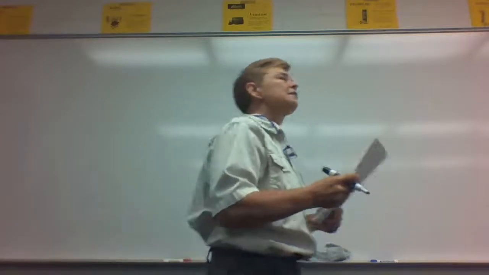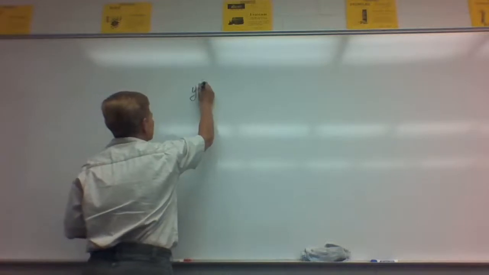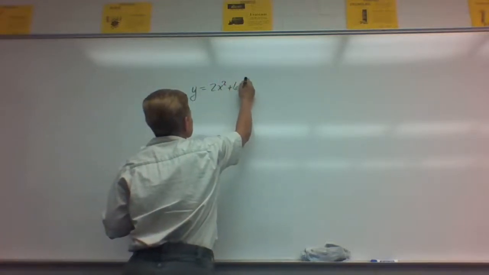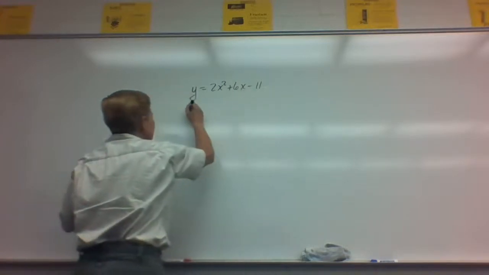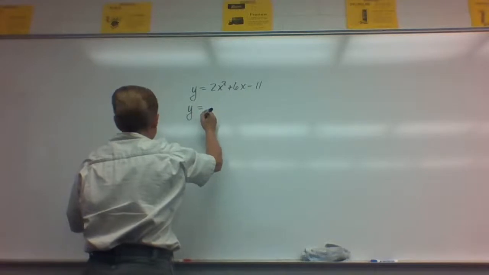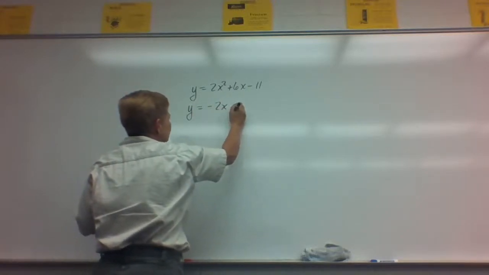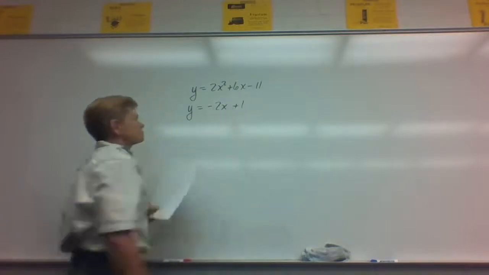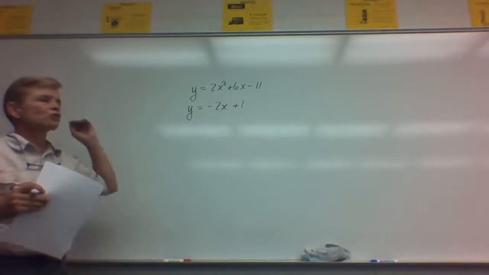If not, like there's one on here at least that looks like this: y equals 2x squared plus 6x minus 11, we'll say. And the other one is y equals something like negative 2x plus 1. So that's a parabola and a line. And it's offered to you like this, which means it is ready to go.